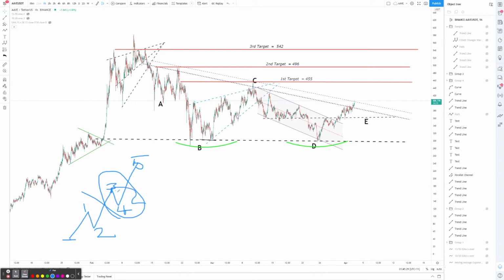It could be a very complex formation, and then 5. And what happens after 5, you have an A, B, C correction. So what we have here is an A, B, C correction. I did say that was 0.5. You see the A, B, C correction, and then you find that it has confluence with this level here, with this structure. So it's not complicated.